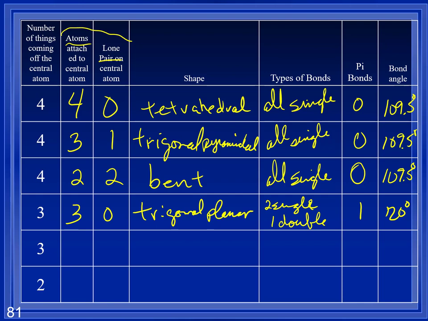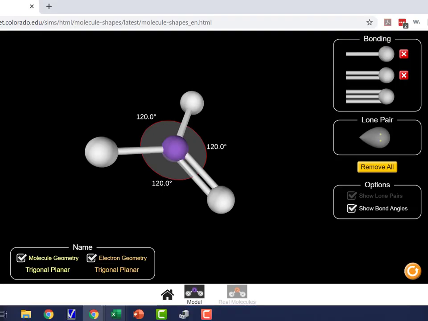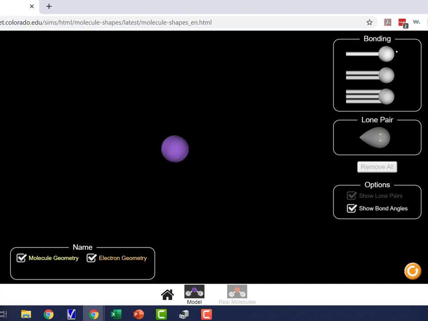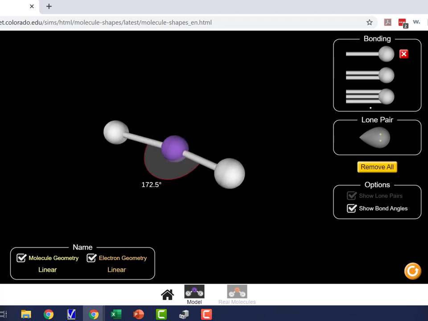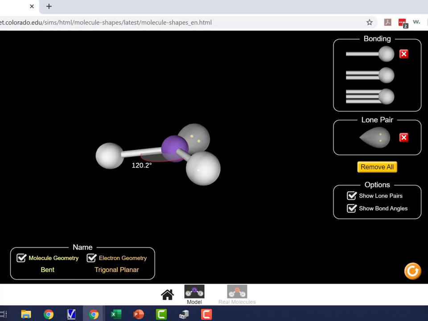Now we've got one we didn't do when we did the notes: 2 atoms and 1 lone pair. So how do we do 2 atoms and 1 lone pair? Well, I could do this and a lone pair, but I don't have my octet here.